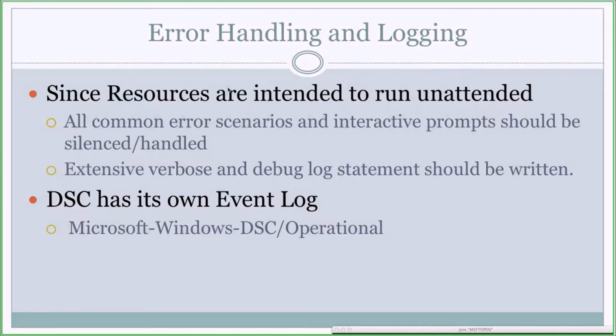Or if you're not doing something like Splunk, or Logstash and Kibana and Elasticsearch, or SCOM, some kind of central event log that's watching your event logs in a central place, that is definitely something you'll want to do. It will make your lives a lot easier as you try to scale out with desired state configuration.